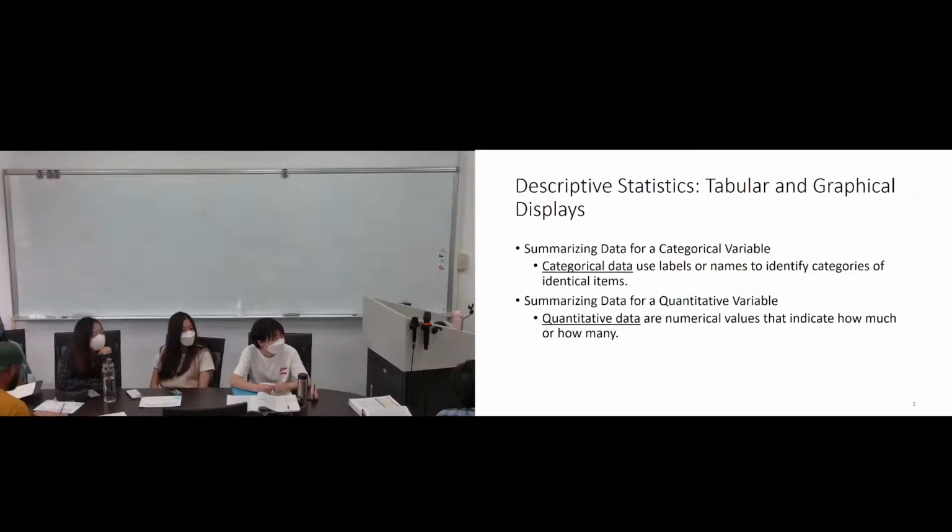Now let's see how to summarize a categorical variable. What is categorical data? In categorical data, we use labels or names to identify categories of identical items. For a quantitative variable, we use numerical values that indicate how much or how many.